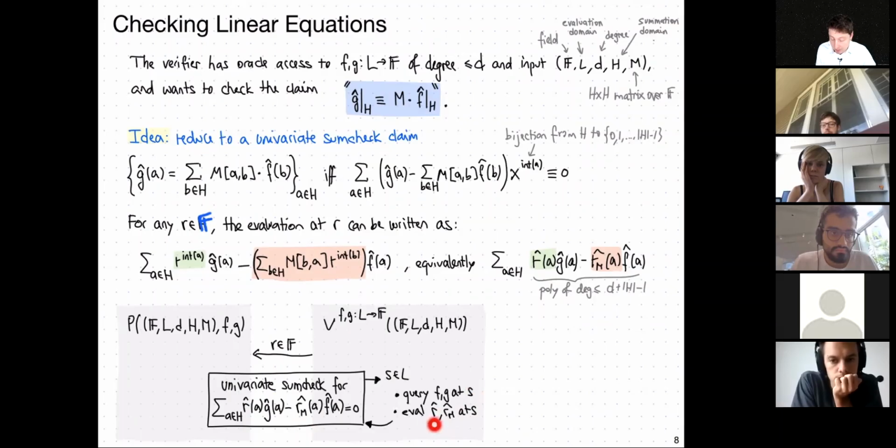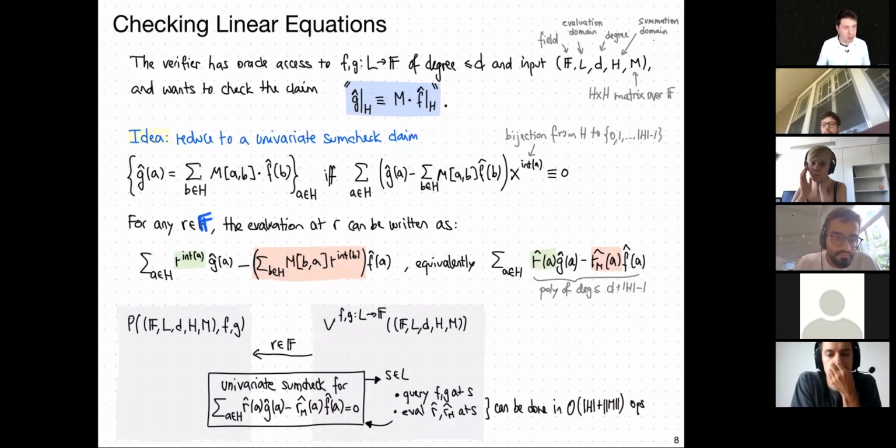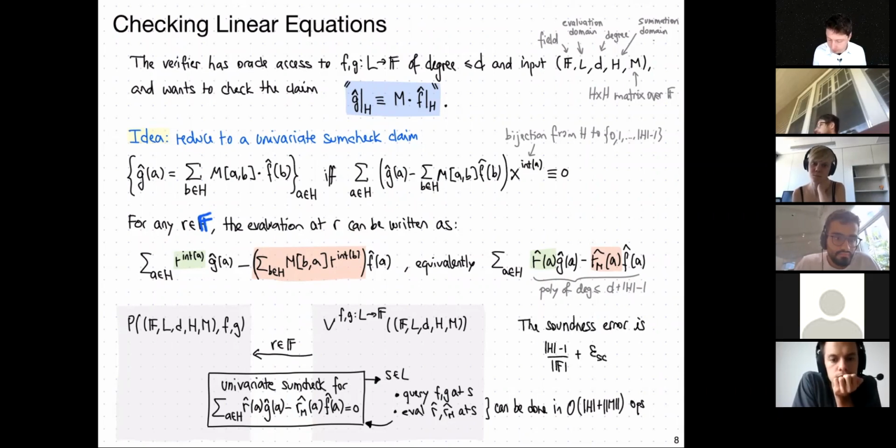And then as a verifier, I evaluate myself the expression r hat at s and r_M hat at s, to give back the answer. And this can be done in a linear number of operations. Right now, we are not going for saving computation. We're just checking satisfiability with a small number of queries, not a small amount of time.